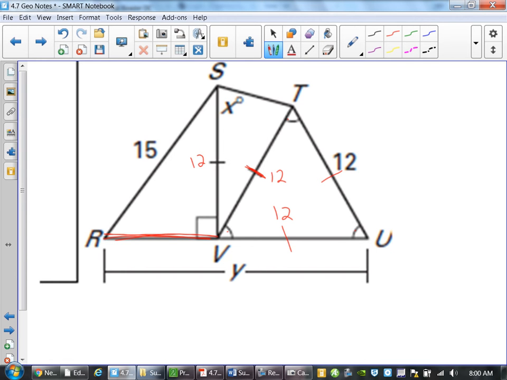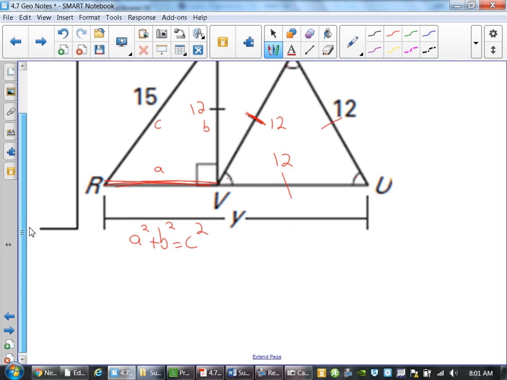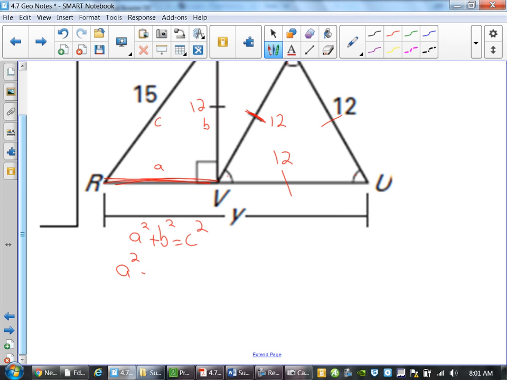A squared plus b squared equals c squared. Remember, when you're working with the Pythagorean theorem, your c value is always on the hypotenuse. It's the longest length. It's opposite the right angle. So a squared plus b squared is c squared. You just fill in the blanks. A squared plus 12 squared is 15 squared.